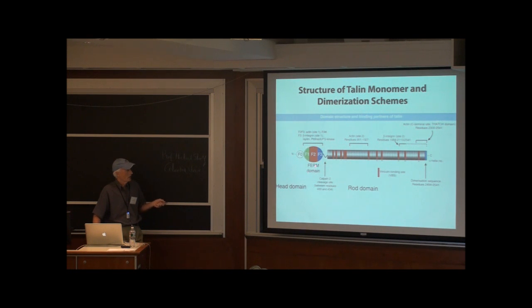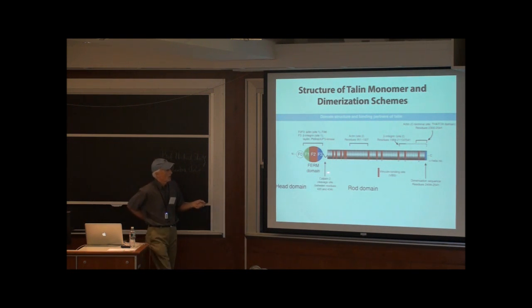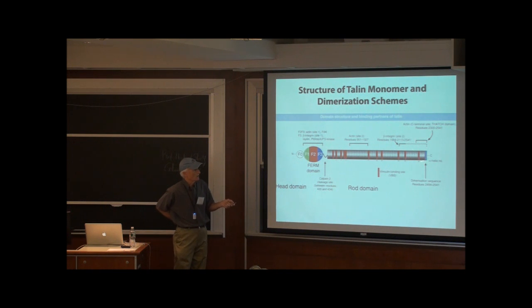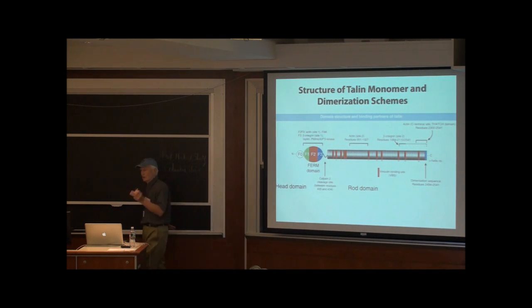And Talin has a binding site at its N-terminus for integrin, in the FERM domain, and it has an actin binding site at its dimerization site out here at the C-terminus, and in between it has 11 cryptic sites, or 10 cryptic sites for vinculin binding.